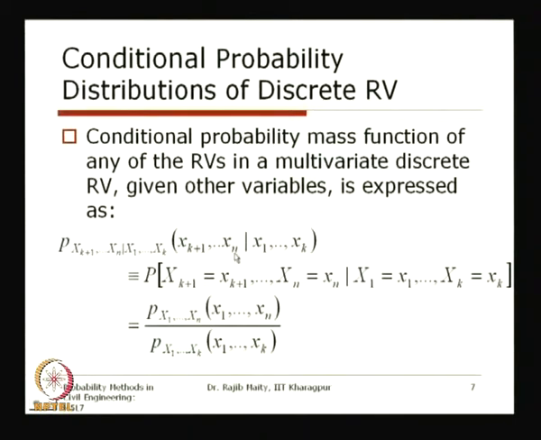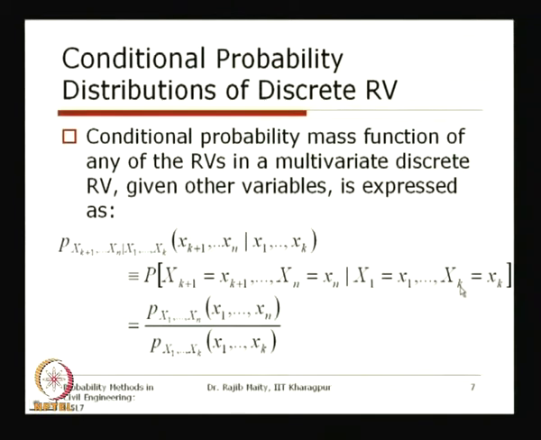So this is the probability that X k plus 1 equals x k plus 1, in this way up to Xn equals xn, on condition X1 equals x1, X2 equals x2, with specific values for the random variables from the first to the kth.